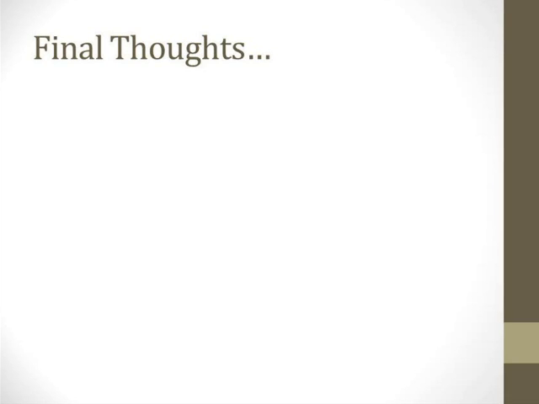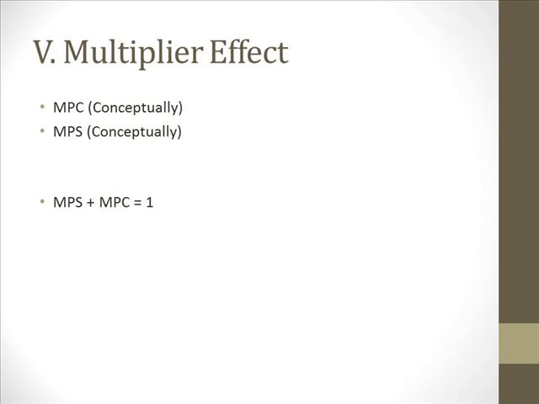So let's move on to the multiplier. You're going to want to flip back to the previous page and go to part 5 for the multiplier. The multiplier is something that we looked at both in the AE model and the AD-AS model. Primarily, maybe you're given a graph or just a word problem.